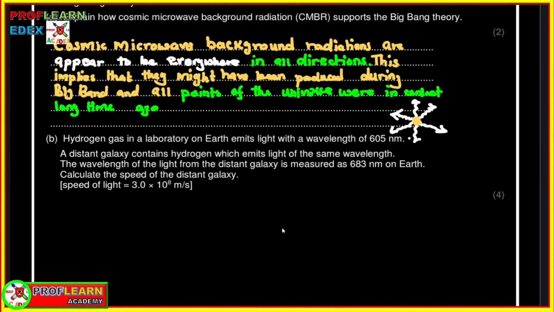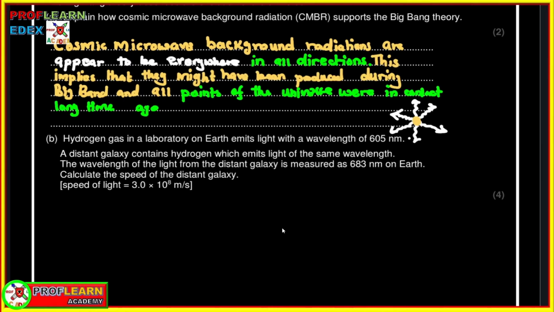This implies that it might have been produced during the Big Bang, and all points of the universe were in contact long time ago. The second evidence is that all the light emitted by different galaxies displays a redshift. And if they display a redshift, it means they are moving away from the Earth.